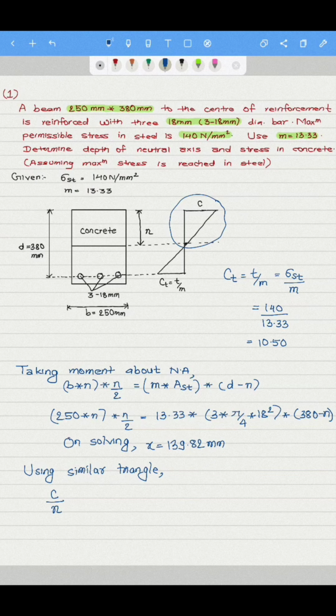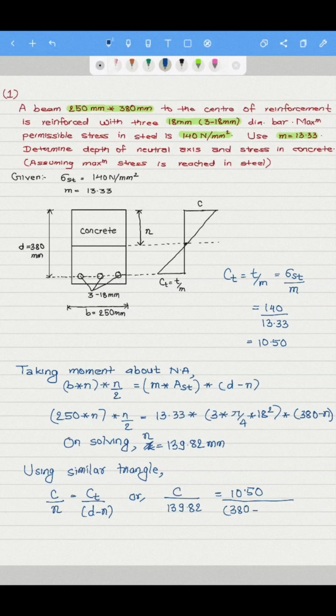So we can write C by N is equal to, for the lower triangle, Ct divided by d minus N. Sorry, this is not x, this is our N: 139.82 is equal to 10.50, which we have already found, divided by 380 minus 139.82.